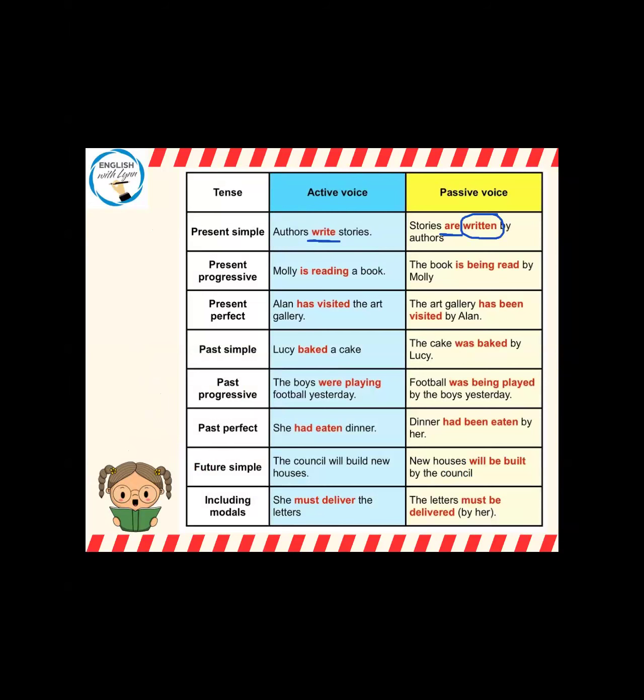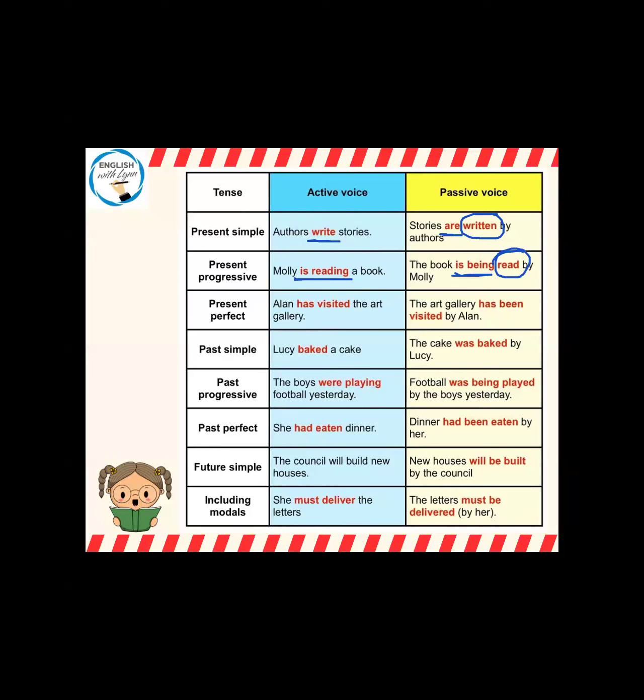If it is singular, I would say a story is written by. So just be aware of those parts there. Then progressive, I've got is reading. And notice what we have put here. We have got is being and then the past participle at the end there.